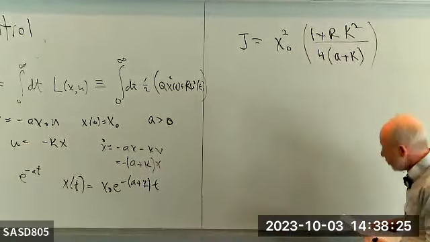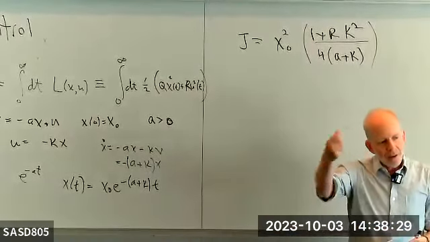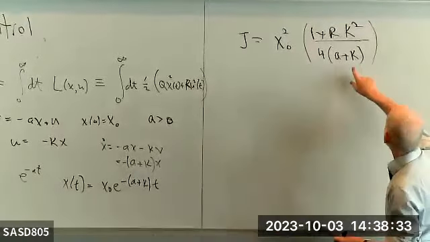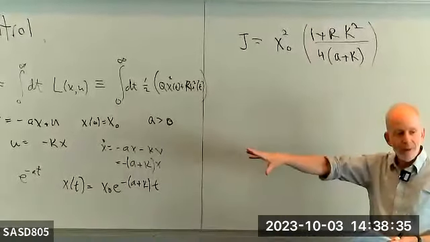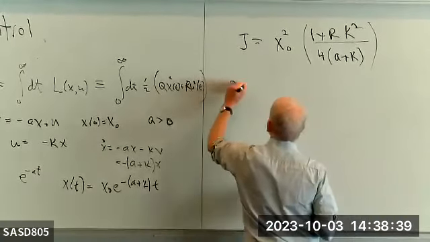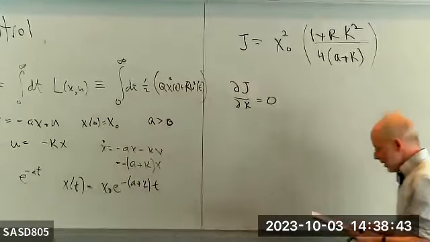So then in optimal control, you would say, all right, we want to pick the value of k that minimizes J here. So k is a free parameter, right? That's what we're trying to choose. And now we have a way of choosing it, so we're trying to minimize J. So we can take dJ/dk equal to 0.